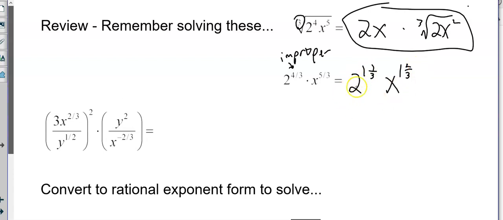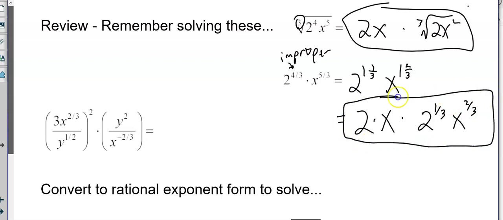Now you can say, well, the 2 to the first is just 2. 2 to the 1/3, I'll write separately. Then times x to the first is just x, that's like 2x. And then I'll write x to the 2/3 separately. So that could be the answer, which is really the same thing as this answer right here. It's just simplified in rational exponent form.